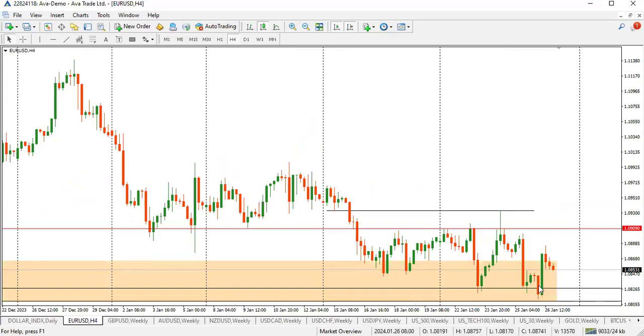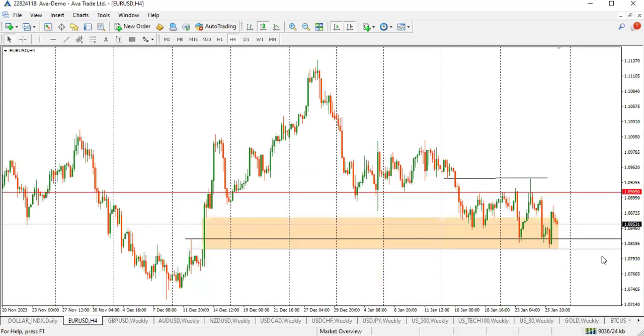The low of this candle is, so by 12 pips, right? Okay, that should be like three pips, 2.5 pips. So it fell short by 2.5 pips. That's very close range. Okay, so that was what happened last week.